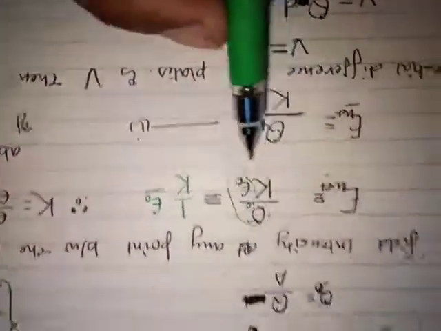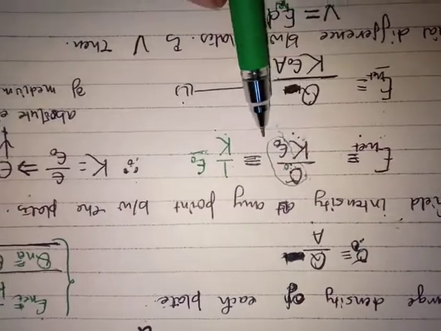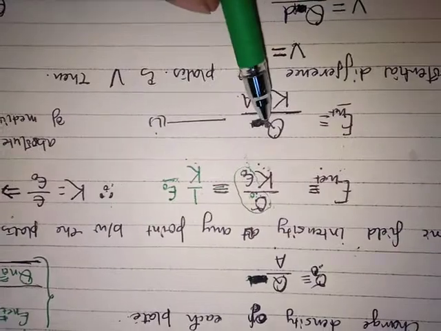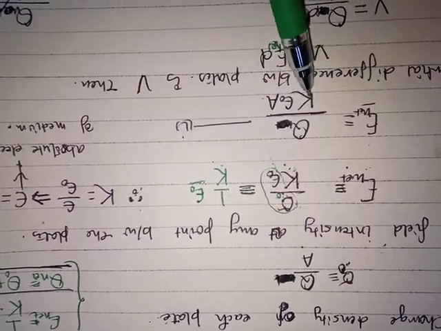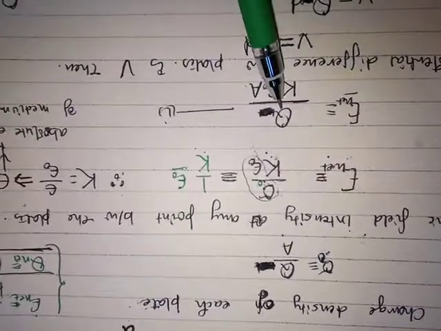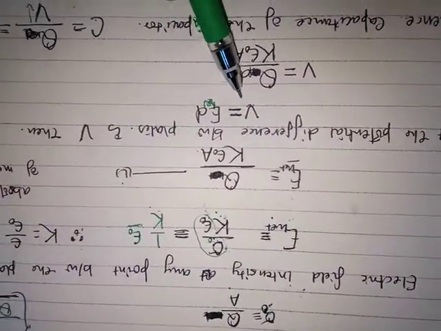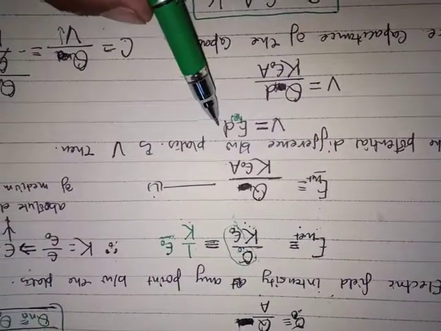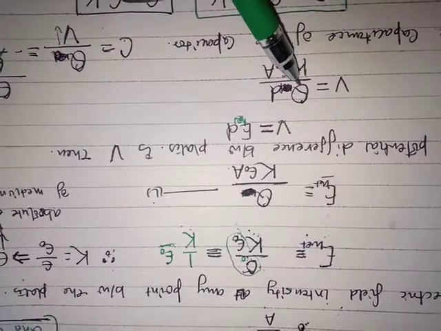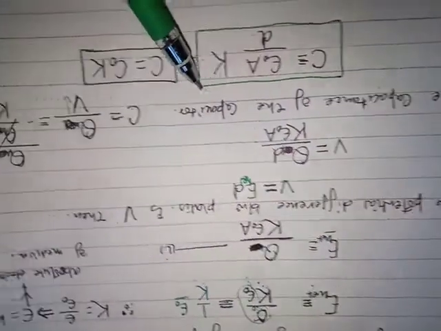So this derivation you can do like this. E net is equal to sigma naught upon K epsilon naught. Put the value of sigma naught, which is Q upon A, the surface charge density, so E net is Q upon K epsilon naught A. Then the potential difference between these two plates, V is equal to Ed, putting the value of E from these equations, gives Q D upon K epsilon naught A. Hence the capacitance of the capacitor.